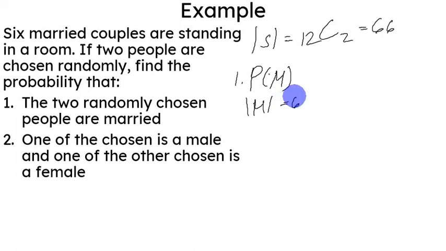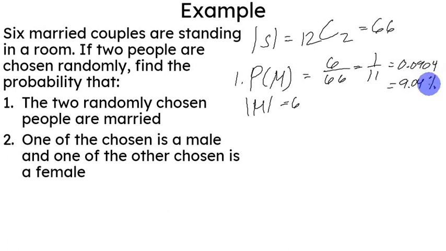That would mean this probability would be 6 over 66. 6 married couples over the 66 pairs, which leaves us to 1 over 11, which is in decimal form 0.0909, or 9.09% chance that when you randomly choose 2 people, they will be a couple.